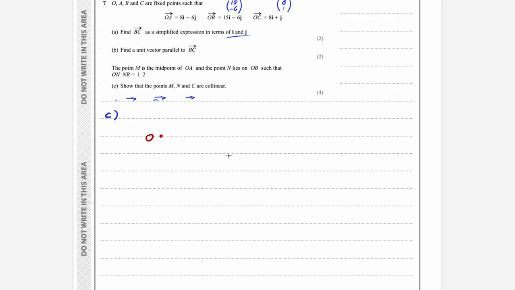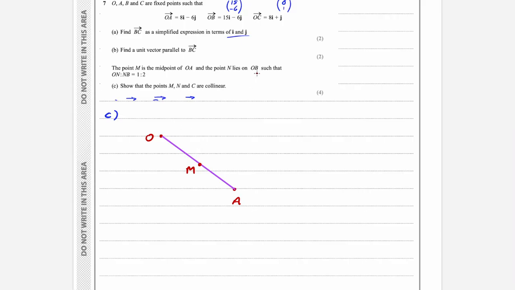So I'm going to go, let's say 8, negative 6 here. Let's say one of these is 2. Okay, fine. 8, negative 6. This is A. And this vector here has a midpoint of M. So M goes in the middle.